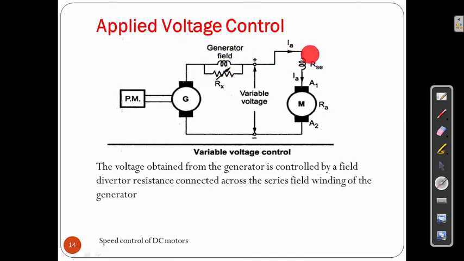Then this is connected with the series winding, and that goes to the motor. Here the voltage applied from the generator is controlled by a field divider resistance connected across the series field winding of the generator. With this adjustment we will have control over the motor.